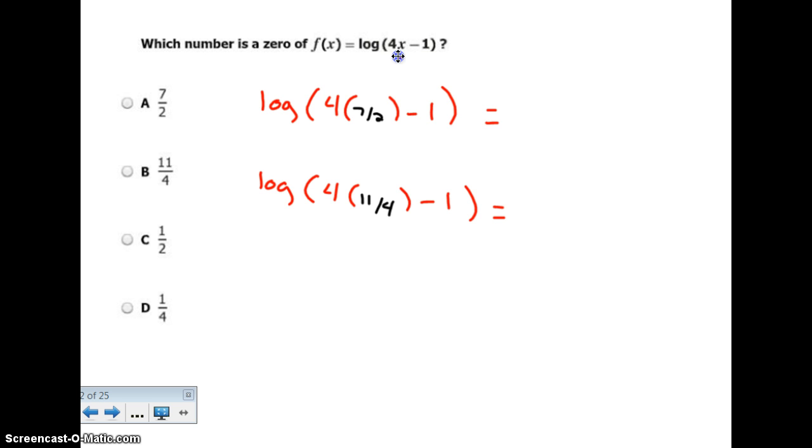If you don't, then you're going to try answer choice C, and so on.